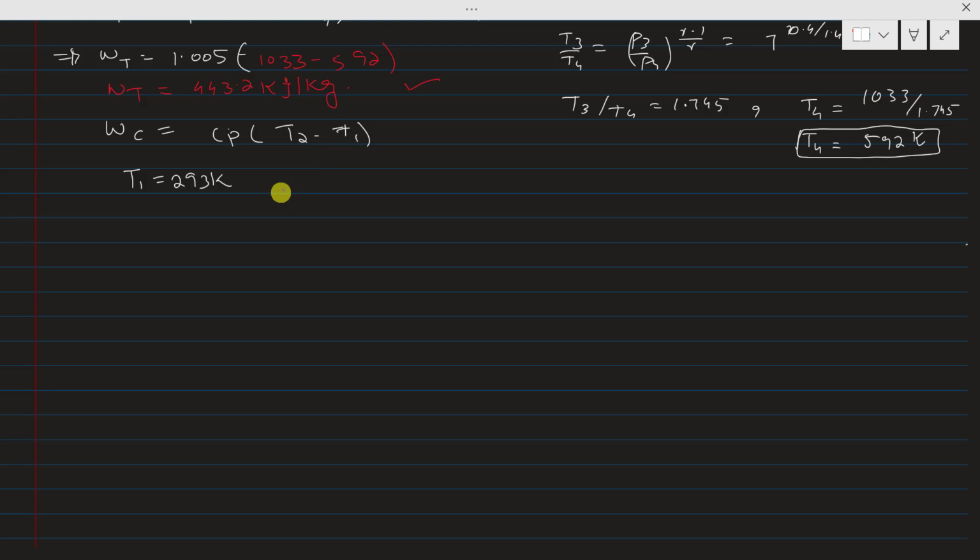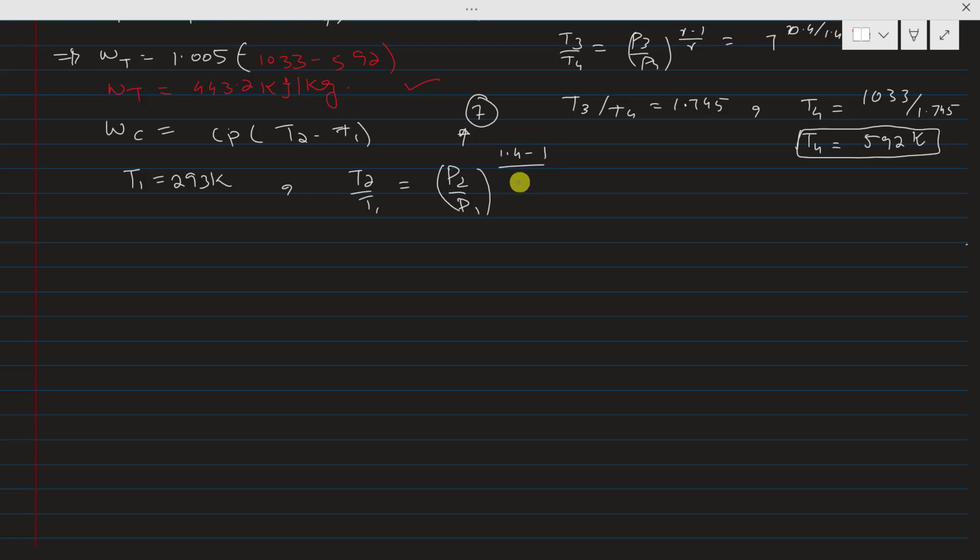To find the temperature T2, we apply the isentropic equations. T2 divided by T1 is equal to P2 divided by P1 to the power of gamma minus 1 over gamma, and I already mentioned that P2 divided by P1 is the pressure ratio, which is given in the statement as 7, and gamma is 1.4.